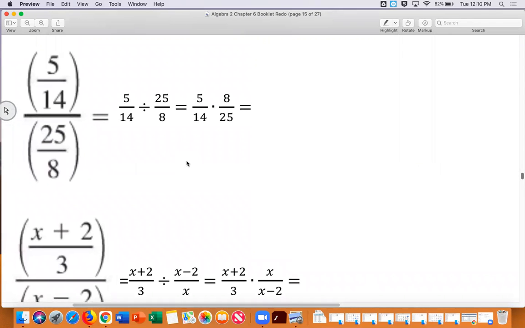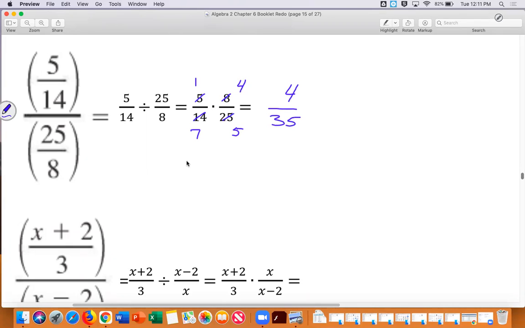What we would do is look at this stage for common factors or things that could be simplified out. So 5 goes into 25 5 times, so that'd be 1 and 5. And then what goes into 8 and 14? Well, that's 2. So 2 goes into 8 4 times, and 2 goes into 14 7 times. So this would become 4/35.